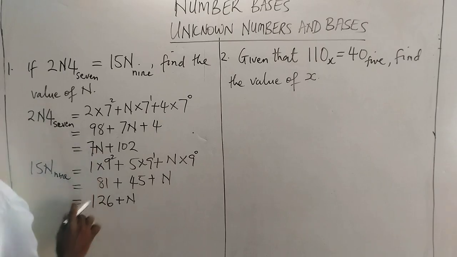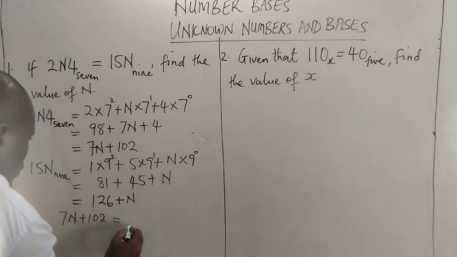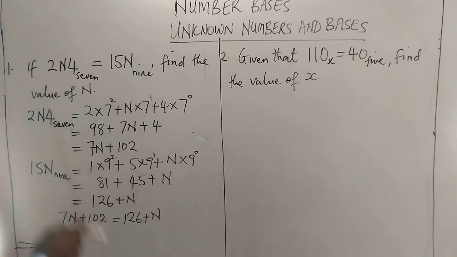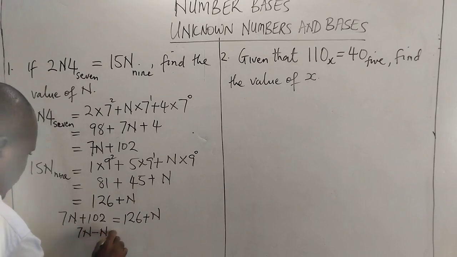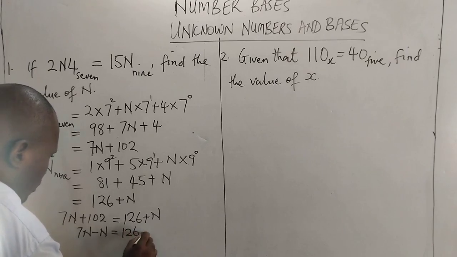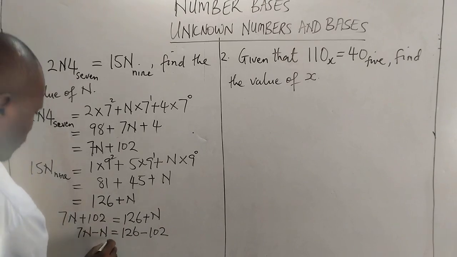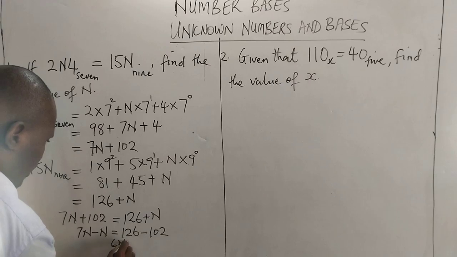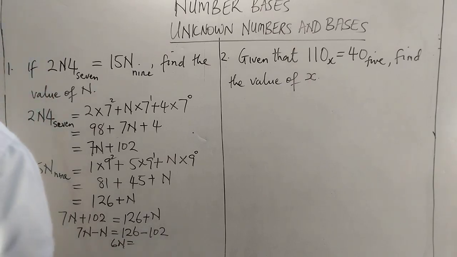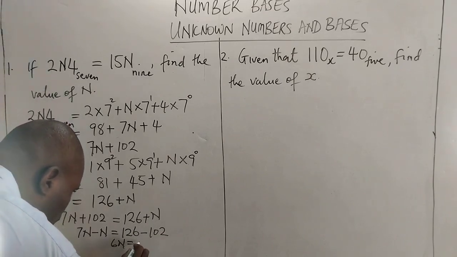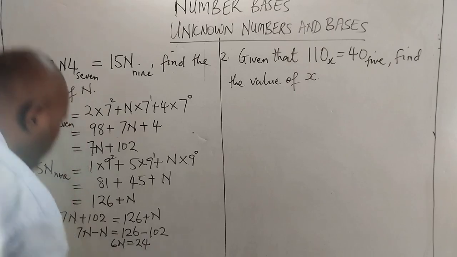Now, you equate the two results. 7n plus 102 equals 126 plus n. At this point, you collect like terms. 7n minus n, 126 minus 102. 7n minus n will give you 6n equals 126 minus 102, which will give you 24.